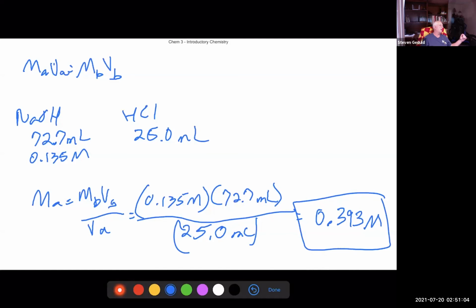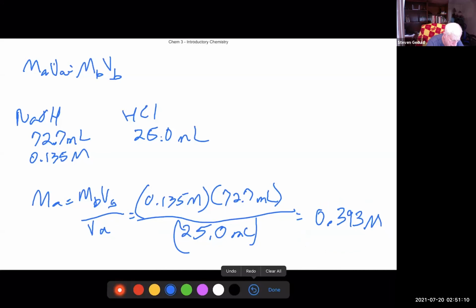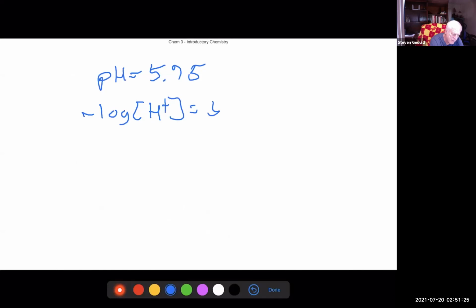And another one is, what is the hydrogen ion concentration of pH 5.75? Again, our pH is equal to 5.75. So minus the log of H plus equals 5.75. Log of H plus equals minus 5.75.